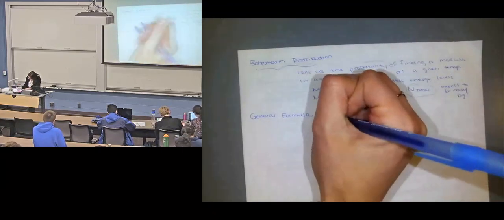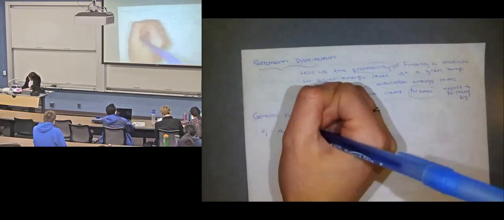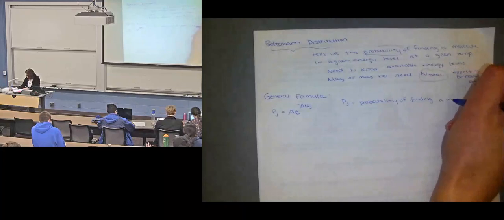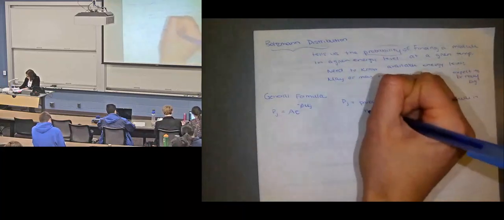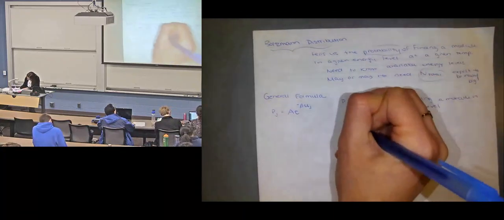The general function for this is P sub j is equal to a capital A e raised to negative beta times u sub j, where P sub j is equal to the probability of finding a molecule in the jth energy level, and U sub j is equal to the energy of that jth energy level. And capital A and this beta are constants.